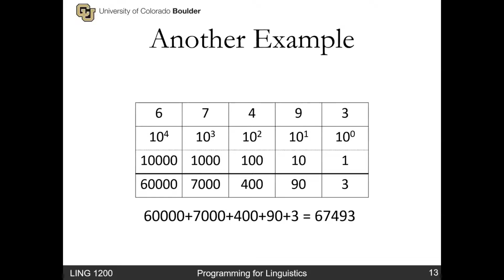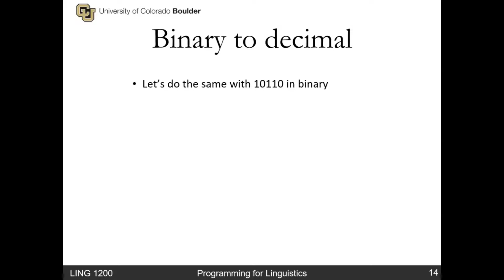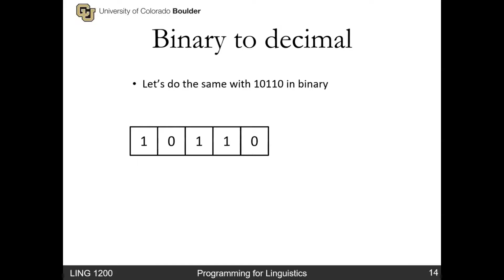And this is a very useful representation because we can just take that and borrow it into the representation and understanding of binary numbers. So let's take a binary number here. The number is 10110. So this is in binary. How do we figure out its value in decimal? We have a number of digits, each with its position, and each of those positions has a value.